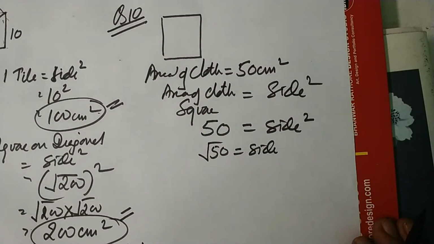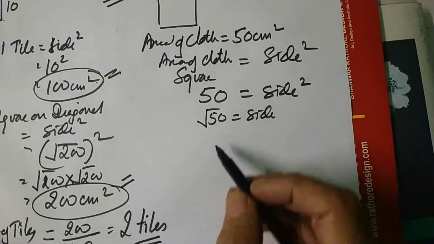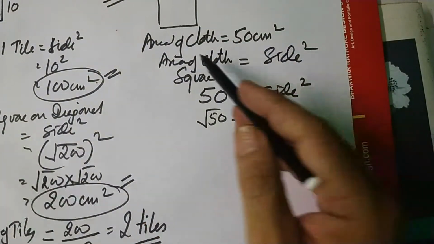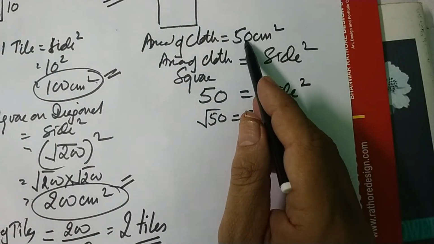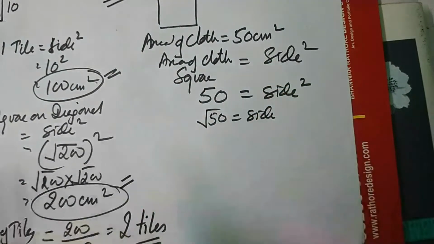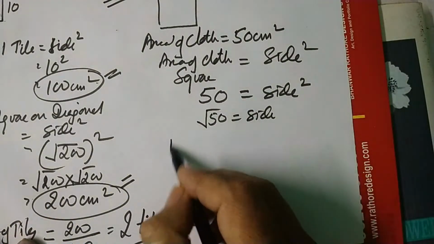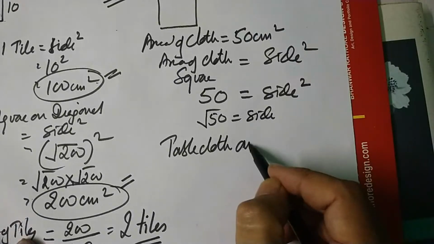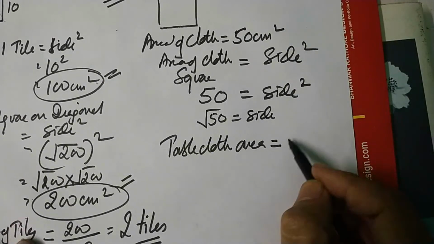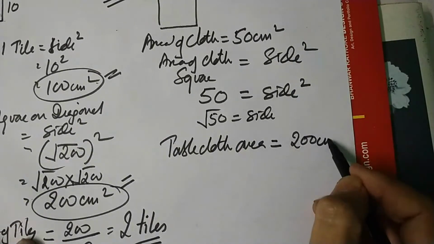Now she wants to make a square tablecloth whose area is 200. She wants to make a tablecloth. So this is area. She has a cloth whose area is 50. She wants to make a square tablecloth with area 200 centimeter square.